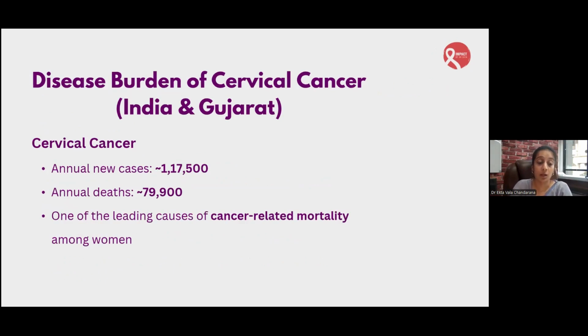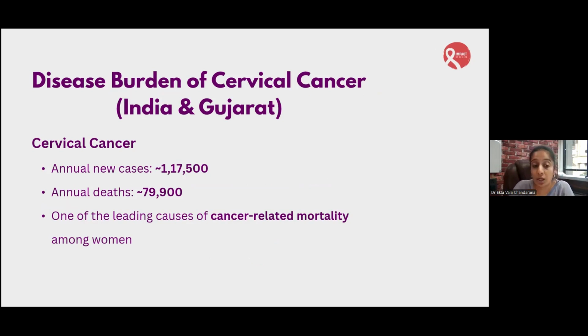So, according to the latest Globocan data, every year we are seeing almost around 1,17,000 new cases of cervical cancer. And the painful thing is, out of them, 79,000 women with cervical cancer are dying because of cancer.